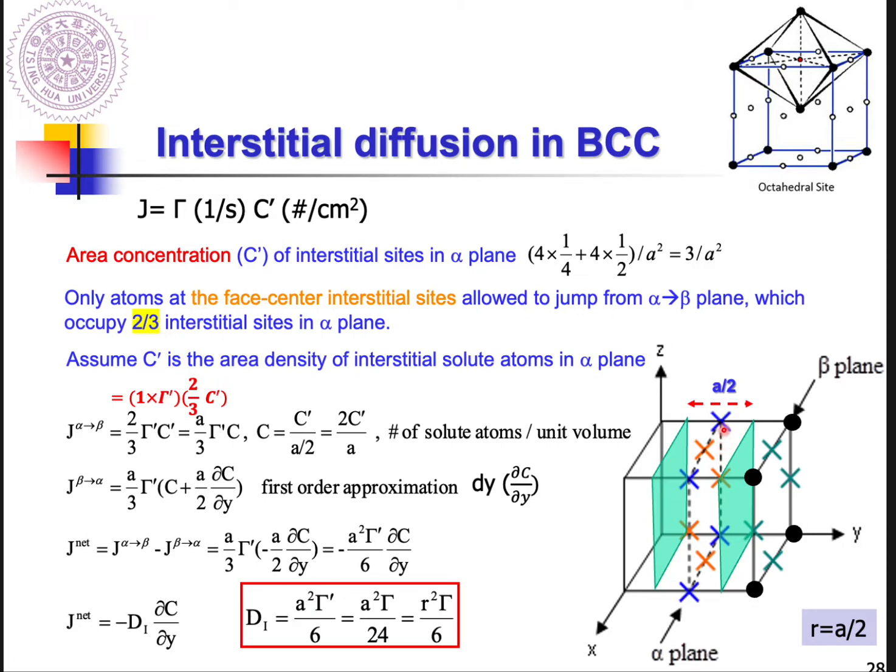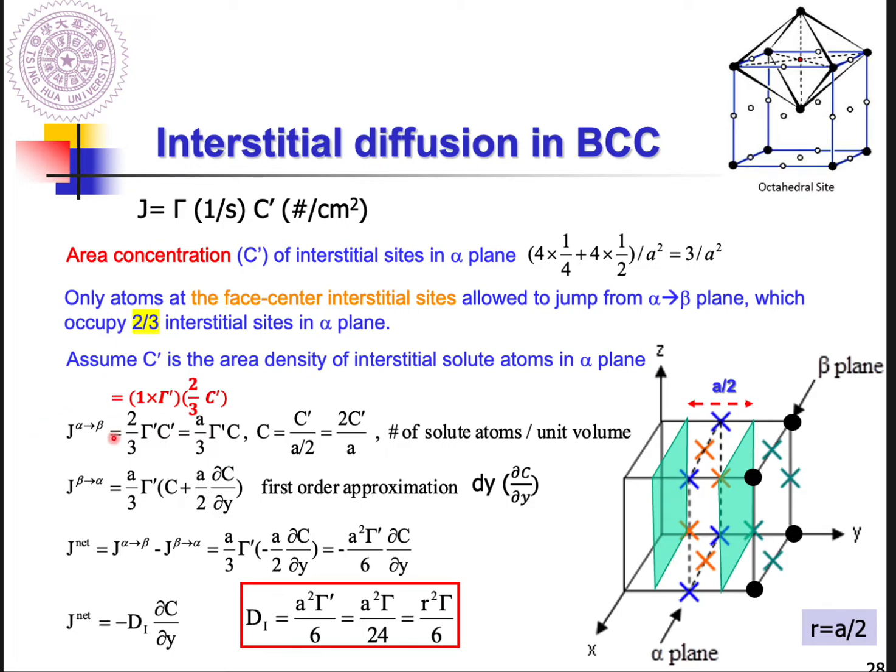So based on this, we need to formulate C-prime. Although the area density is here, only 2 out of 3 atoms can make a successful jump to the beta plane. So it's 2/3 C-prime that can make a successful jump to the beta plane.